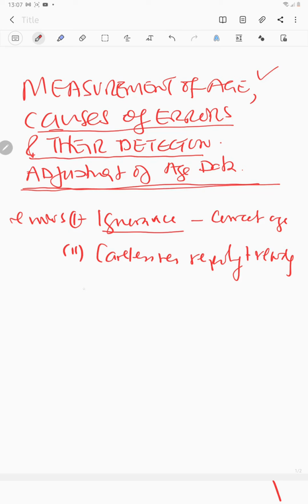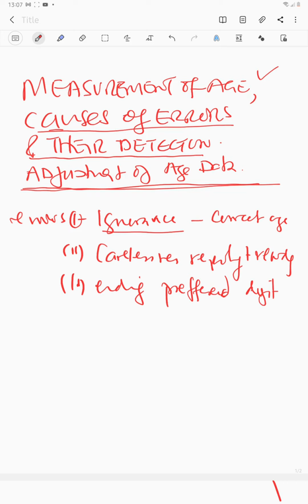And thirdly, there is a general tendency to state the age in figures ending in a certain preferred digit. Okay, so for example, if I am 37, I can say I am 35.